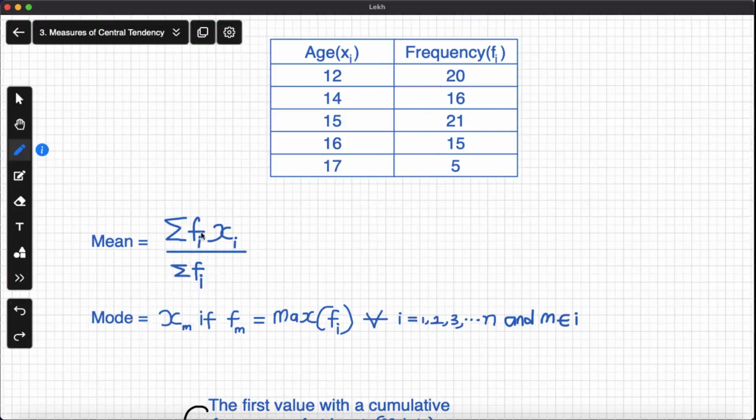But this one, fi multiplied by xi, means that you multiply this by this, then add it to the multiplication of this by this. So something like 12 times 20 plus 14 times 16 plus 15 times 21 plus 16 times 15 plus 17 times 5, like that.